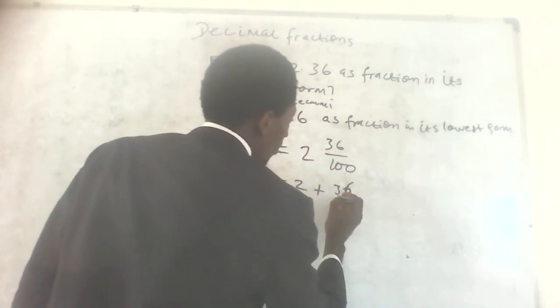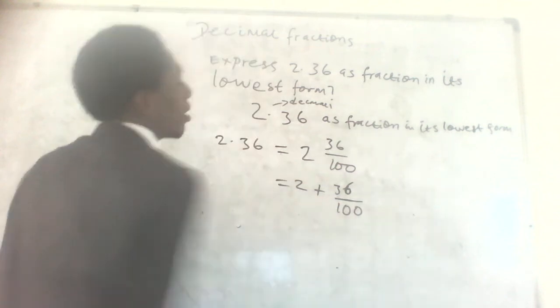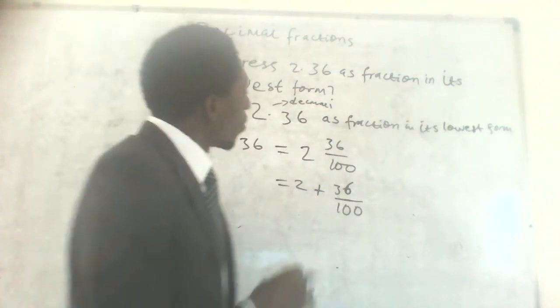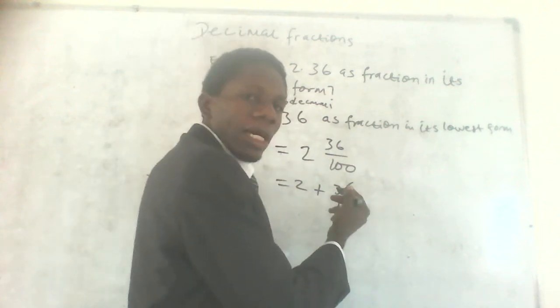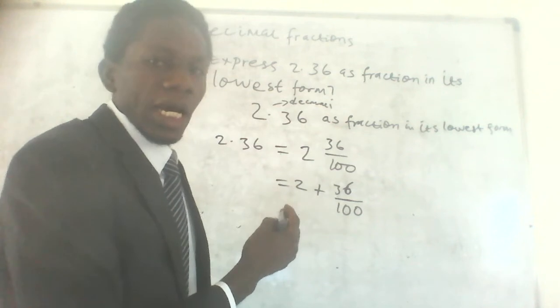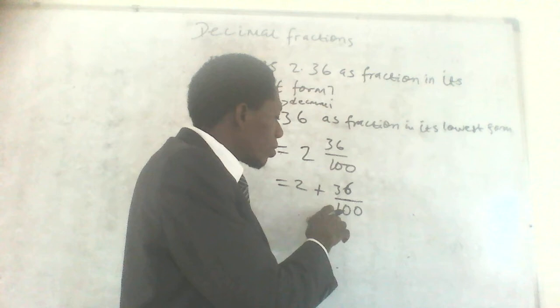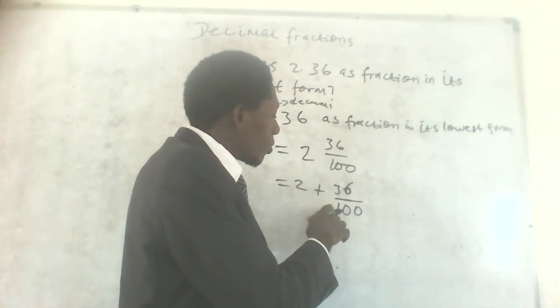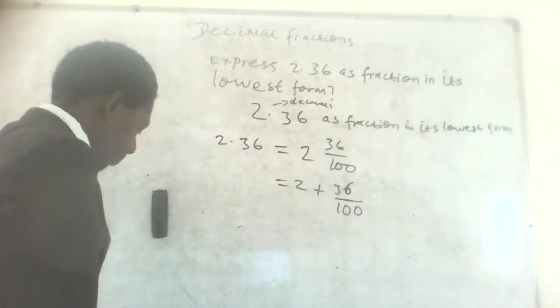Now, I want to find out what number can go into 36 without a remainder, and also go into 100 without a remainder.